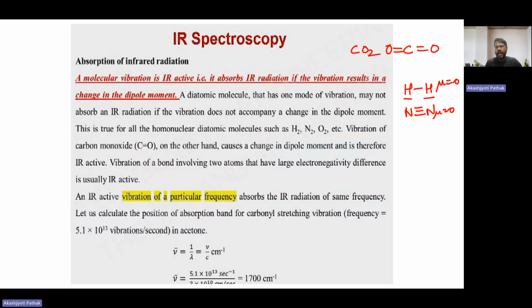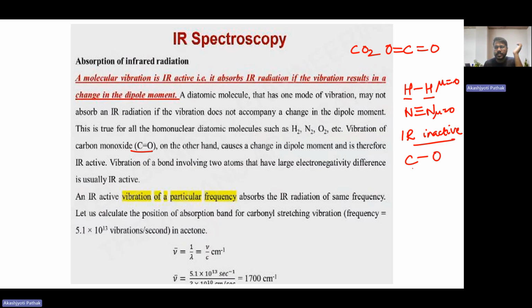So these molecules are IR inactive. IR active molecules are the ones where the vibration will accompany a change in the dipole moment. So consider the vibration of carbon monoxide. Now if you consider a heteronuclear diatomic molecule like CO, carbon monoxide.